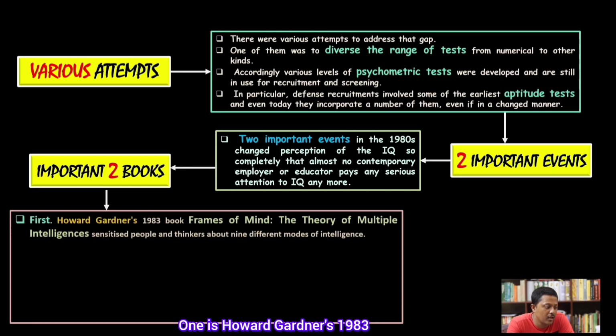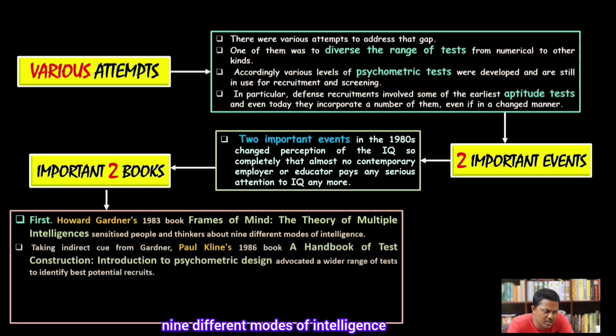One is Howard Gardner's 1983 book, Frames of Mind: The Theory of Multiple Intelligences, which sensitized people and thinkers about nine different modes of intelligence. And taking an indirect cue from Gardner, Paul Klein's 1986 book, so one published in 1983, another in 1986, A Handbook of Test Construction: Introduction to Psychometric Design, advocated a wider range of tests to identify the best potential recruits.